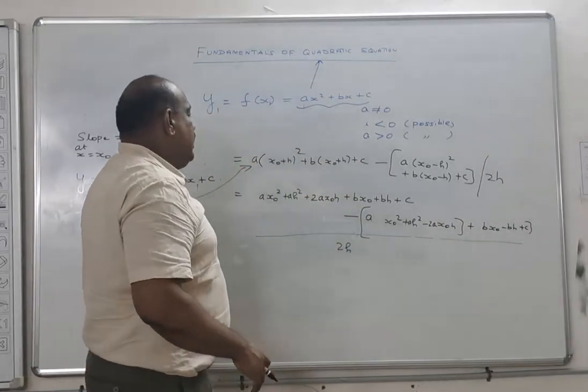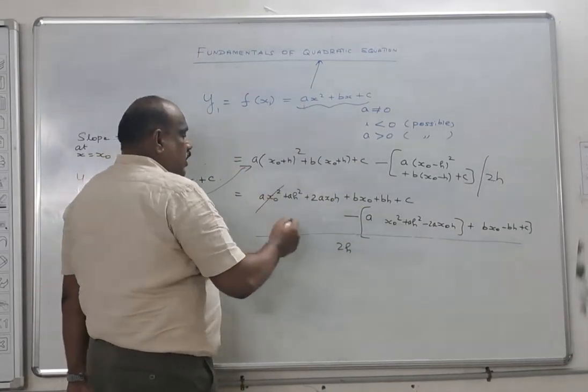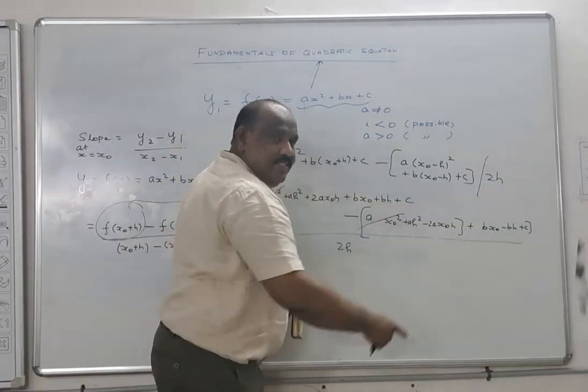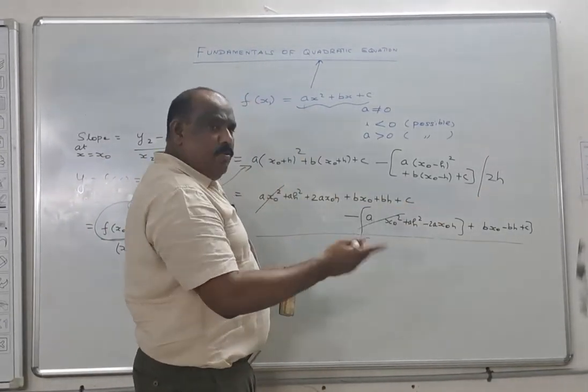Now what happens? We can strike off a x naught squared as well as minus a x naught squared. This minus is common to all the terms. Otherwise I will repeat one more step.